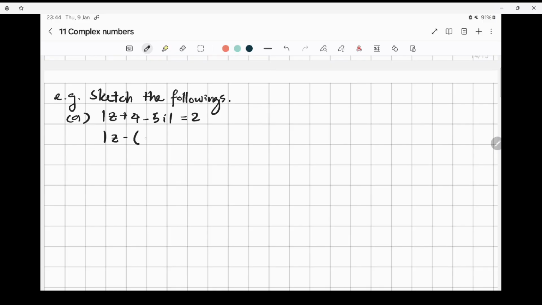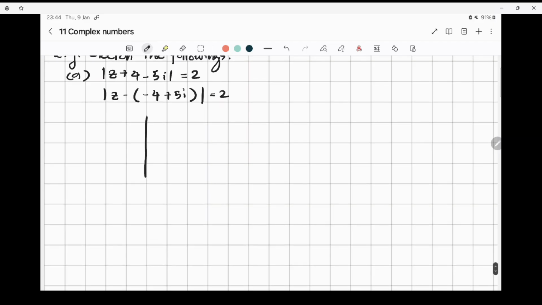So you have minus 4 plus 5i. So it means that perhaps I should draw like this. This is minus 4, 5. And you have a circle like this.